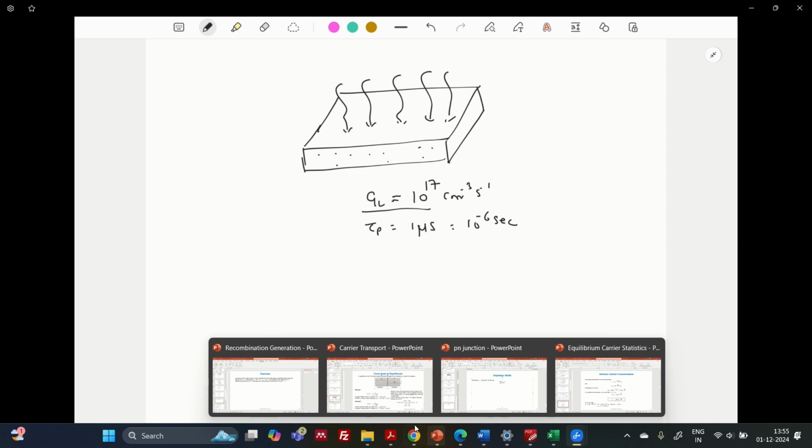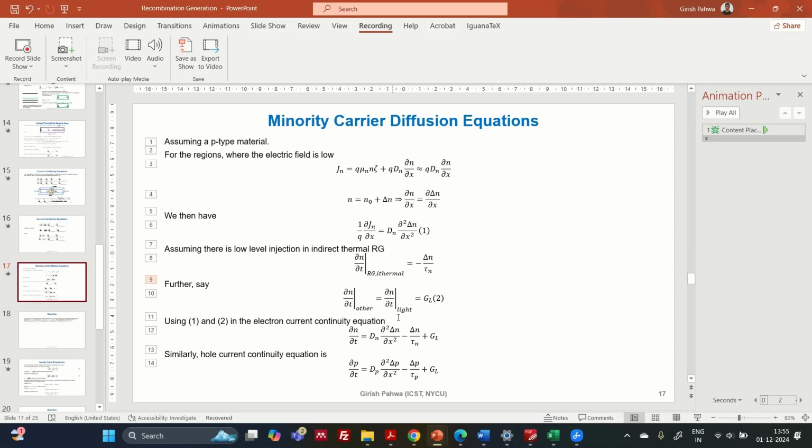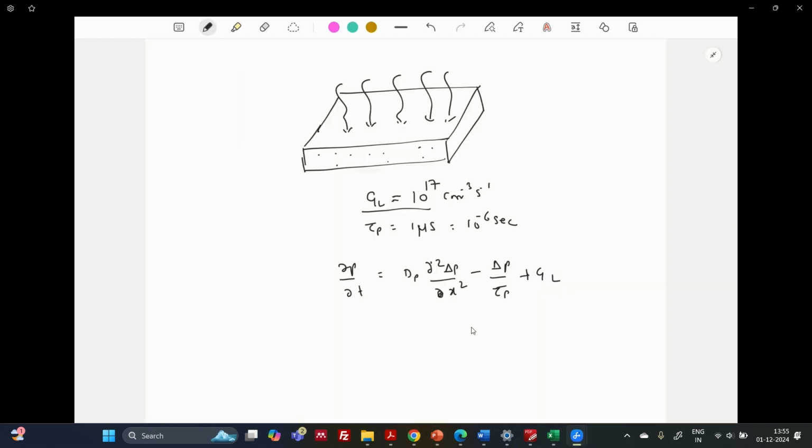You have the minority carrier diffusion equation: del p by del t is equal to D_p times del squared delta p by del x squared, minus delta p by tau p, plus you have this G_L.